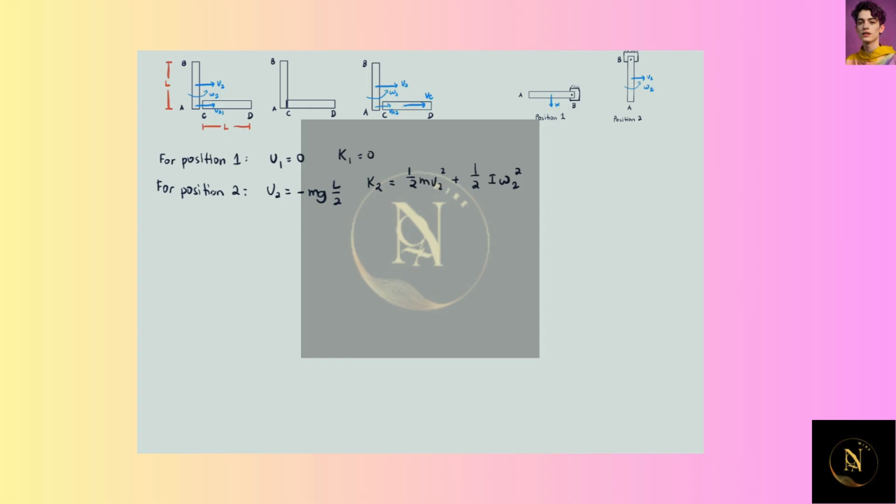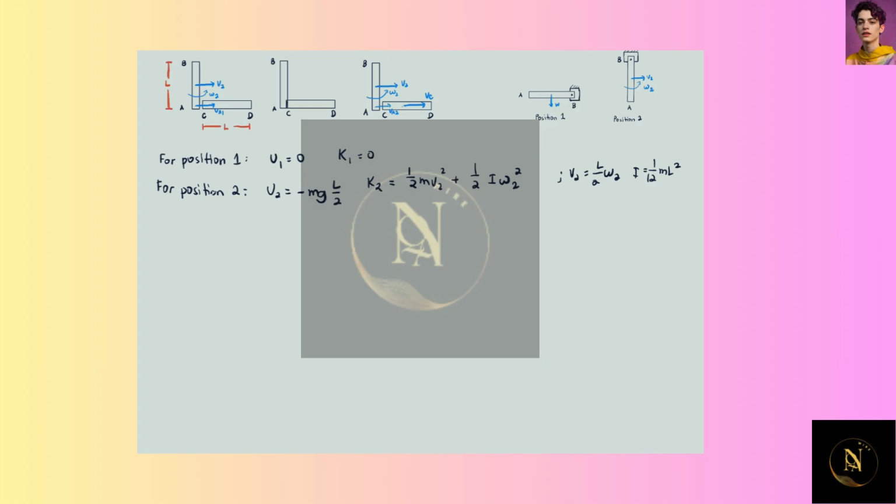Now, substituting the expression for v2 in terms of r and omega, v2 equals L over 2 omega 2. And the moment of inertia, since this is a rod, is equal to 1 over 12 m L squared.